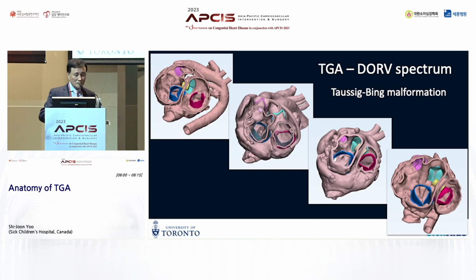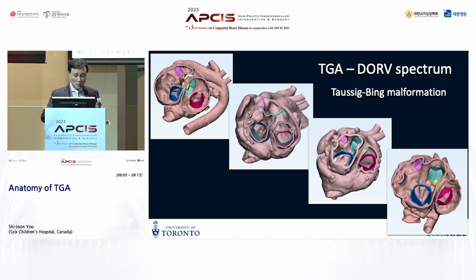And then, this is a spectrum. This is a TGA seen from looking at the base. This is the right ventricle, left ventricle, tricuspid valve, mitral valve, and aortic valve and pulmonary valve. The probe is across the VSD. There is a mild overriding of the pulmonary valve. With a little more displacement, you have about half of the pulmonary valve overriding the VSD here.